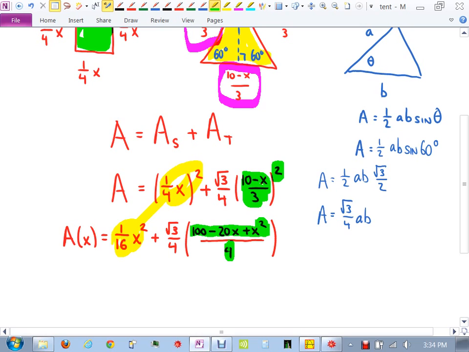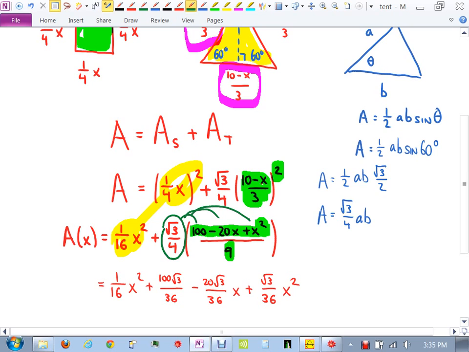And then I can distribute the root 3 over 4 through the parentheses to get 1/16 x squared plus 100 root 3 over 36 minus 20 root 3 over 36 x plus root 3 over 36 x squared. So there I took the root 3 over 4, distributed it to each of those, and then divided each of those by 9.